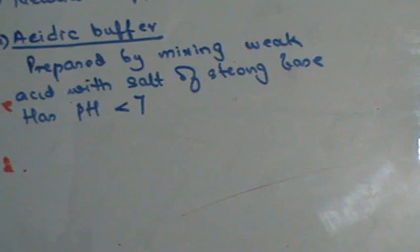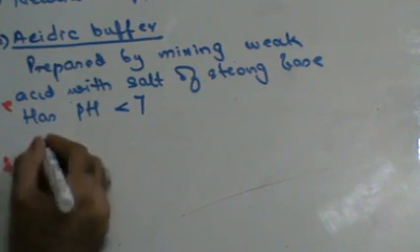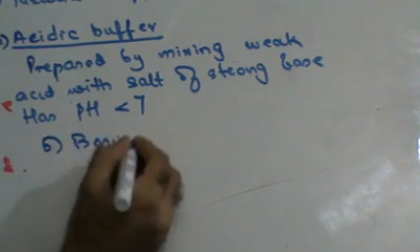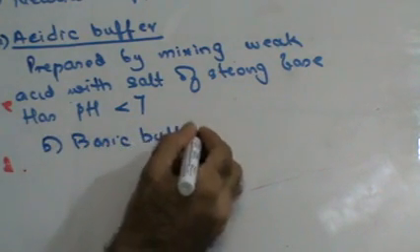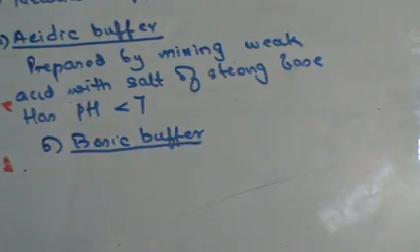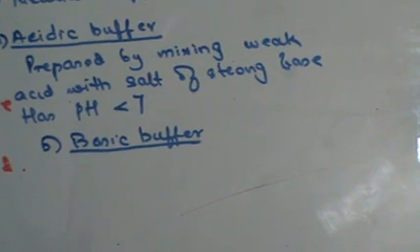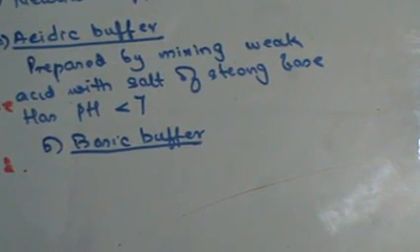Next, the second is basic buffer. What is a basic buffer? It is prepared by dissolving a mixture of weak base with a salt of strong acid and its pH is greater than 7.